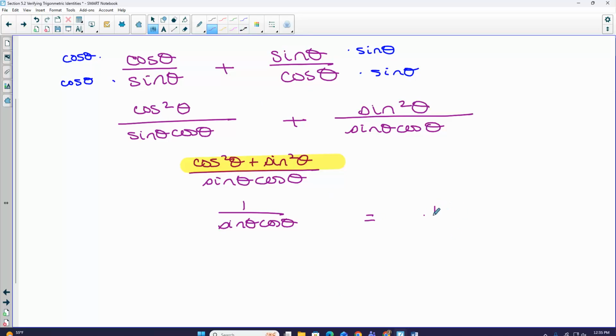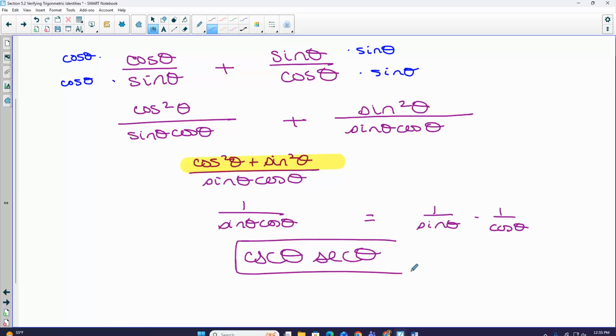This is the same thing as 1 over sine times 1 over cosine. Would you agree with that? What is 1 over sine? And what's 1 over cosine? So what I ultimately found is tangent plus cotangent is equal to secant times cosecant.